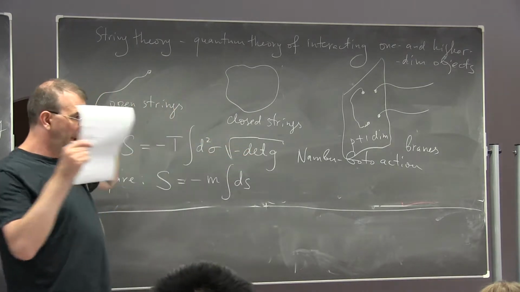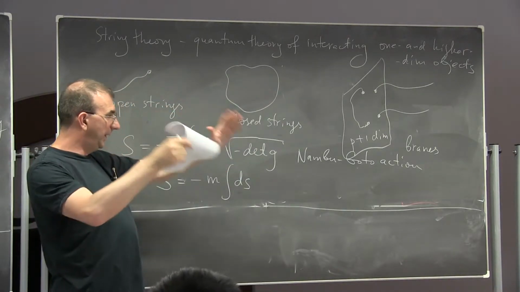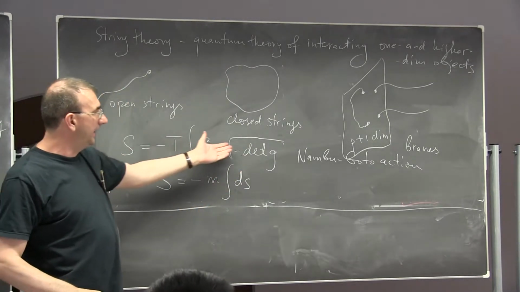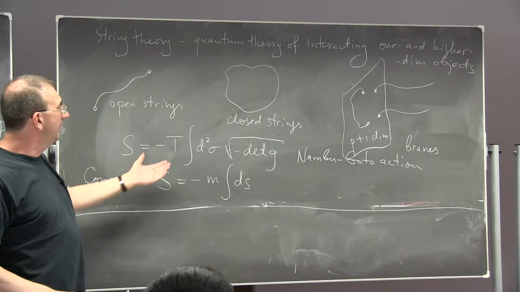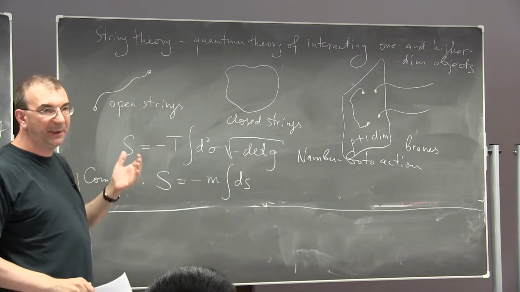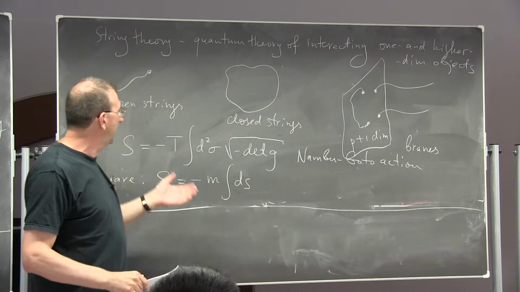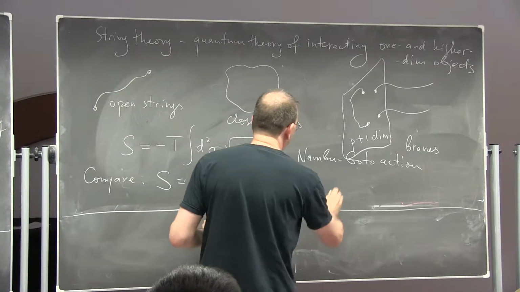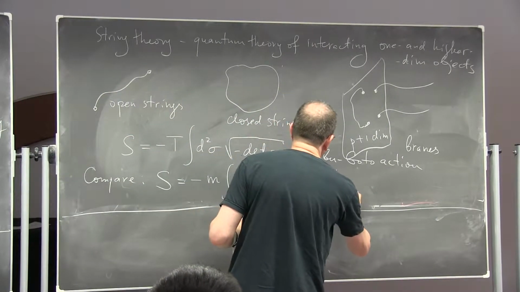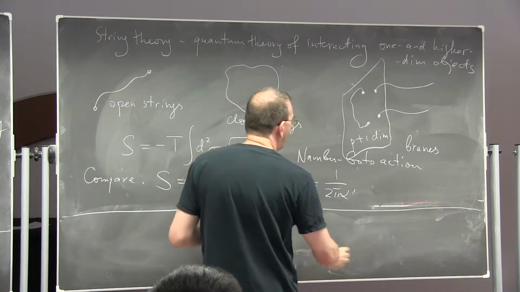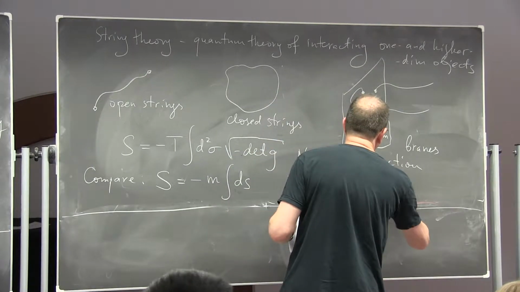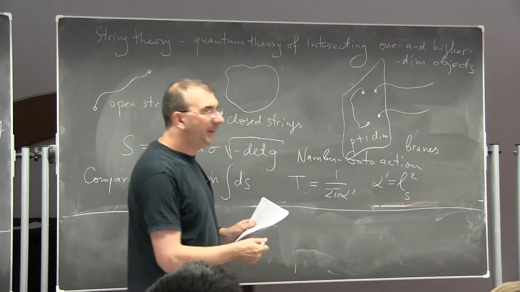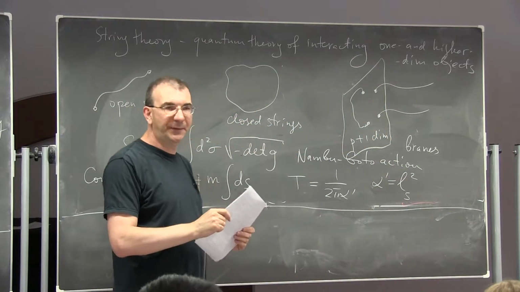So your area will not be one-dimensional like here, it will be two-dimensional, and you write down the invariant expression for this area with a certain coefficient to make the action dimensionless, and this coefficient is known as the tension of a string, and for historical reasons it's written as 1 over 2 pi alpha prime, where alpha prime can also be written as the length of a string squared.